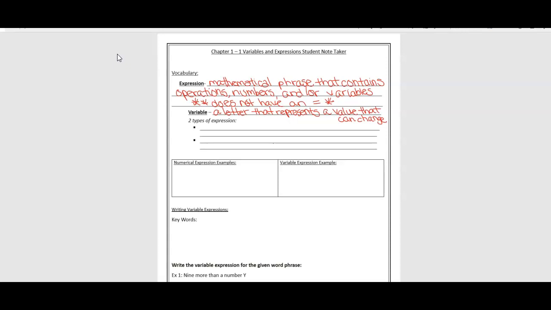There are 2 types of expressions. The first type is called a numerical expression. And a numerical expression only contains numbers. Okay, so this does not contain variables.